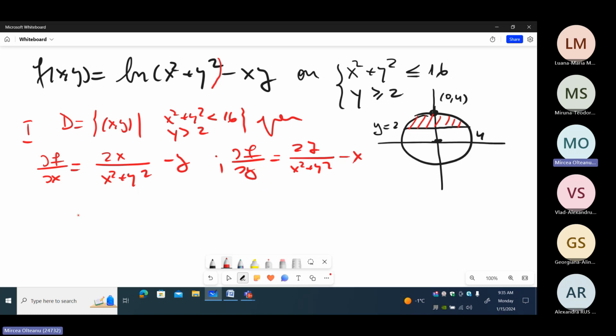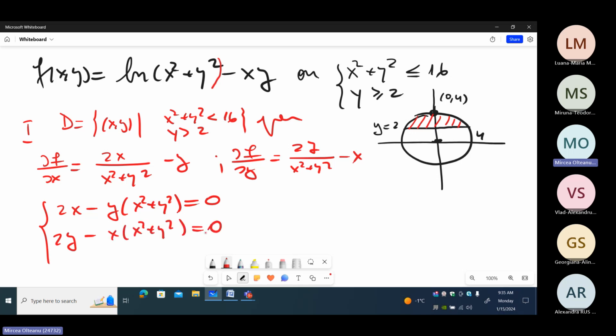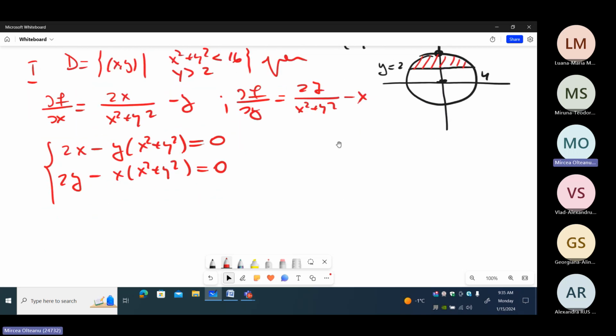And now we need to solve the system. 2x minus y times (x squared plus y squared) equals 0, and 2y minus x times (x squared plus y squared) equals 0. Now, to solve the system, the simplest idea is to subtract the two equations.